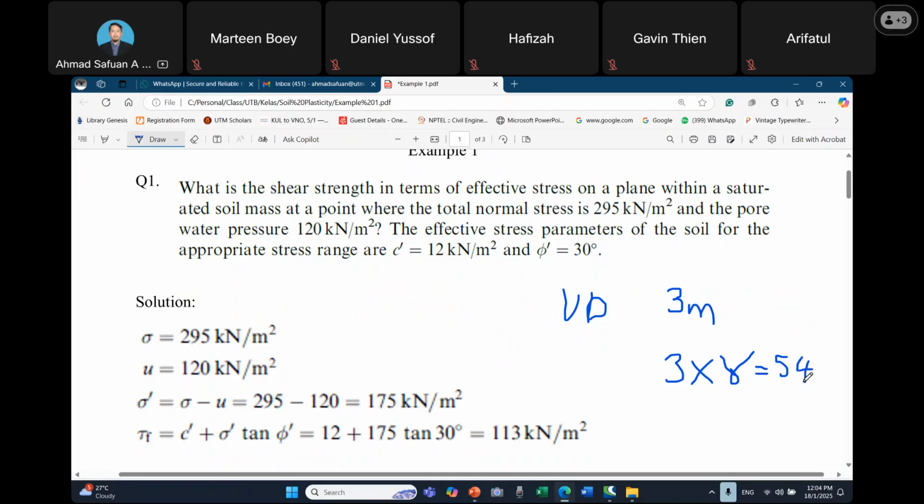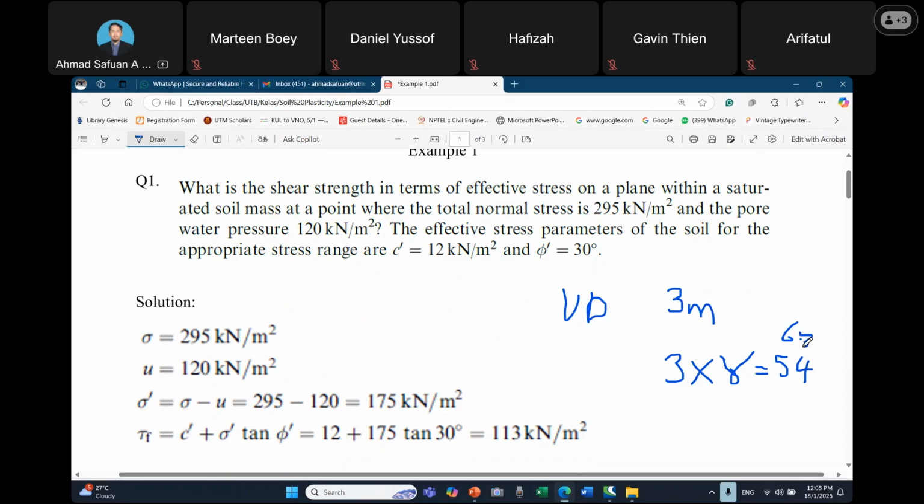This 54 can be counted as the confining pressure, sigma 3.